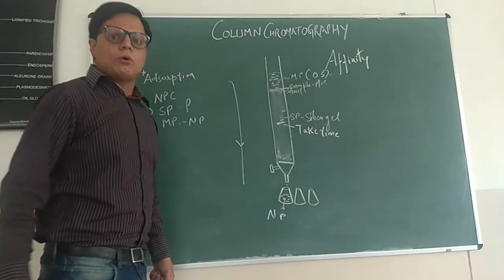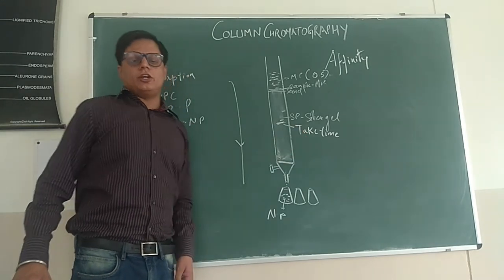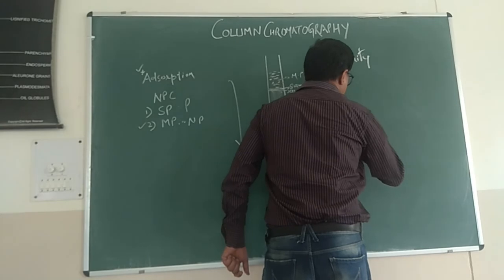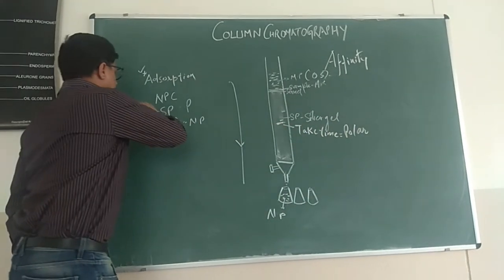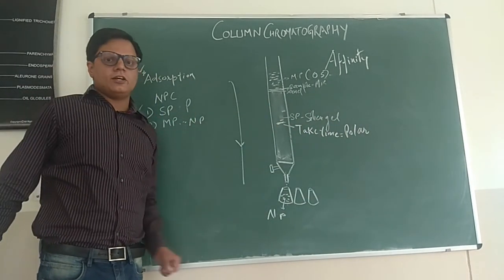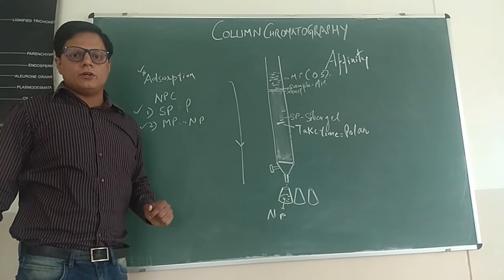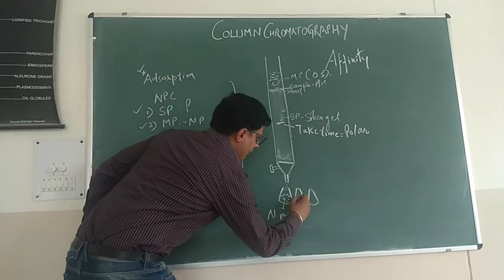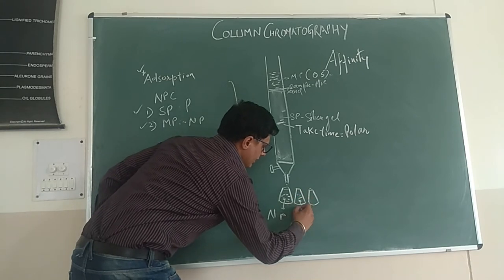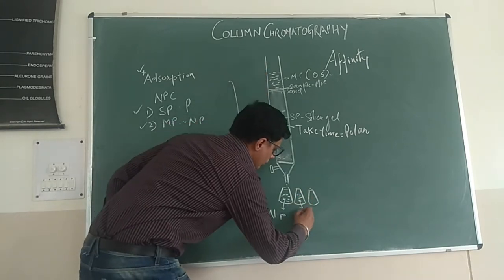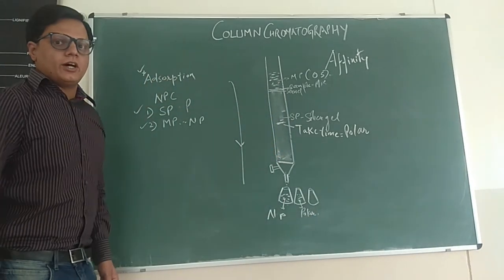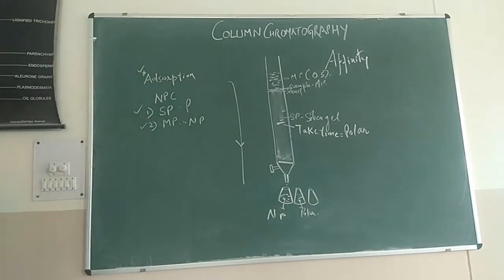They are polar in nature because in this case we are using a polar stationary phase like silica gel. So they will elute in the later part, those that are more polar. Okay, I think this is clear. I will pause here a bit.